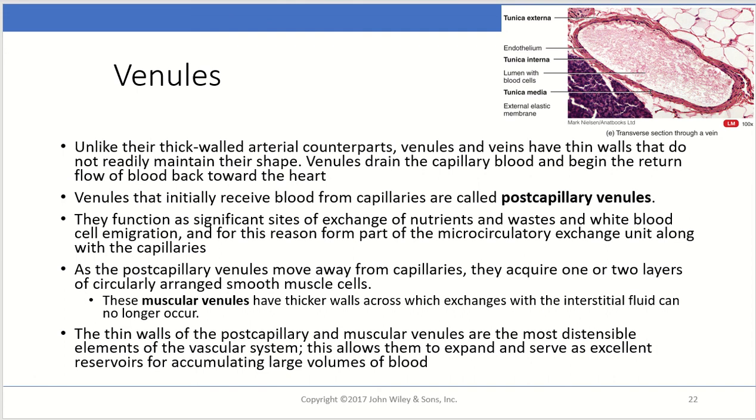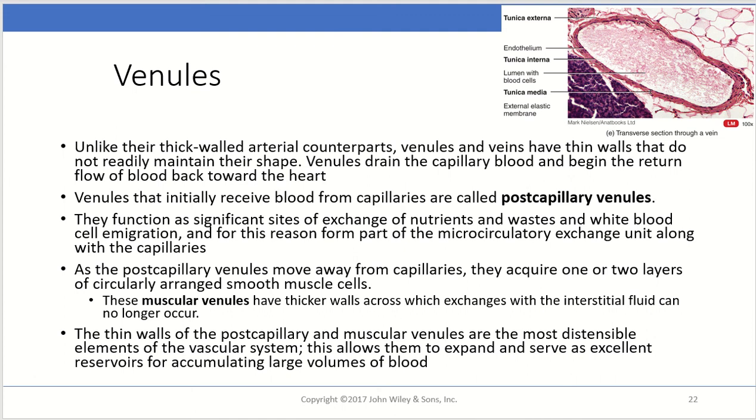As the post-capillary venules move away from the capillaries, they acquire one or two layers of circularly arranged smooth muscle cells. These muscular venules have thicker walls across which exchange with the interstitial fluid can no longer occur.